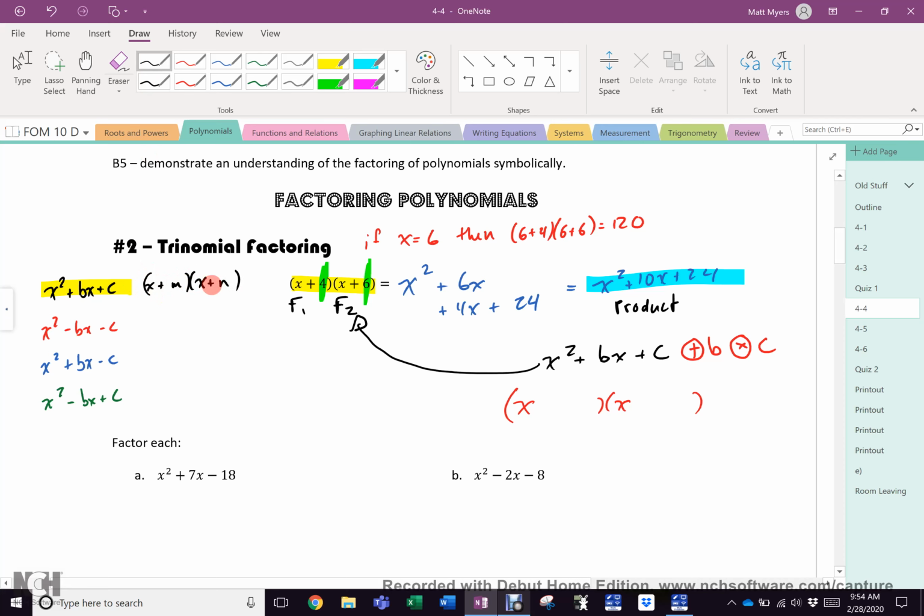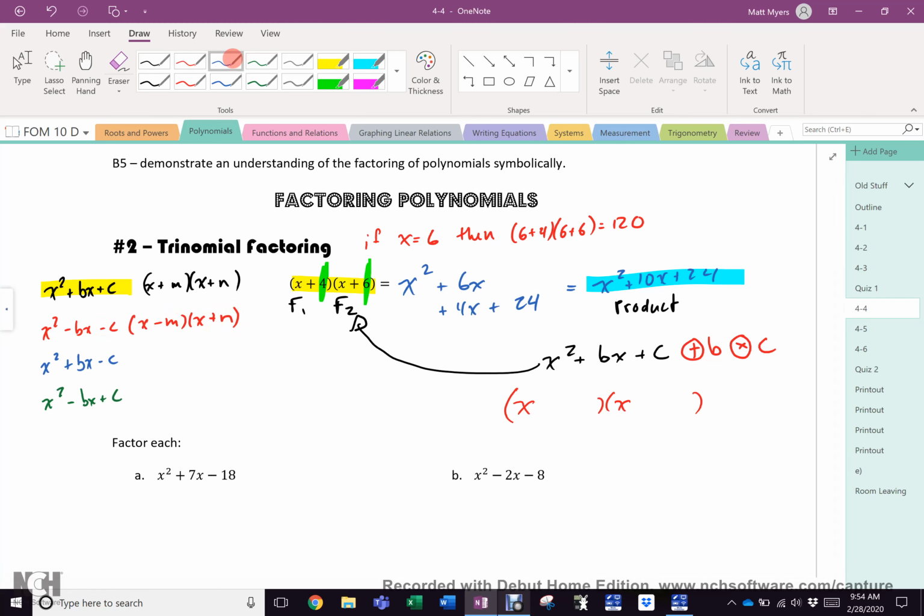They'd both be positive, yes? What multiplies together to make a negative number? A negative and a positive, yes? So this would be x minus m, x plus n, right?